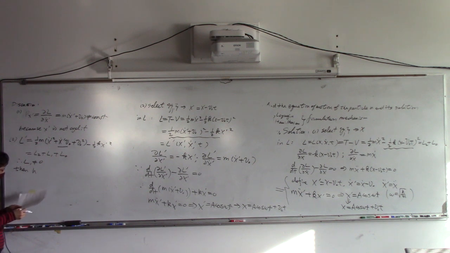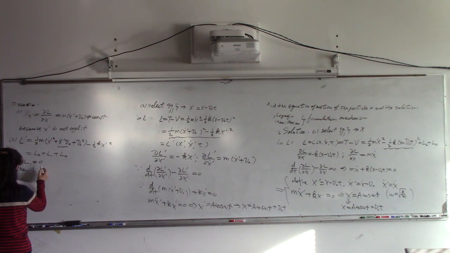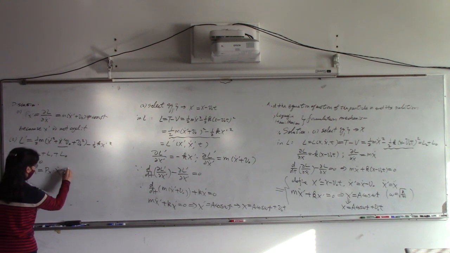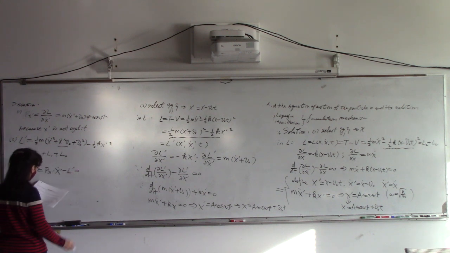Then H prime. I think I can just give you the result. You see the H prime will change. It's p x prime times x prime dot minus L prime, and I give you the result. It's very simple.